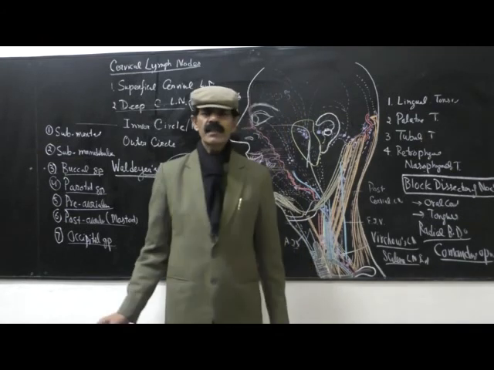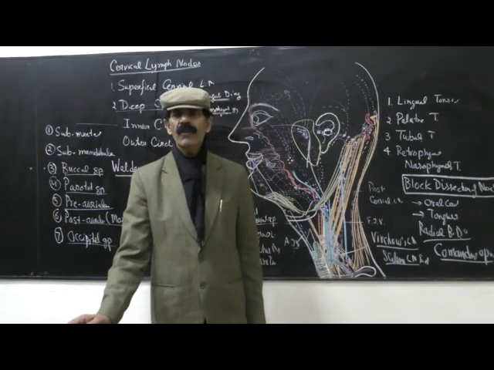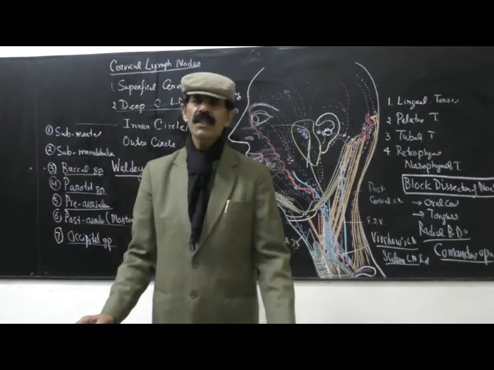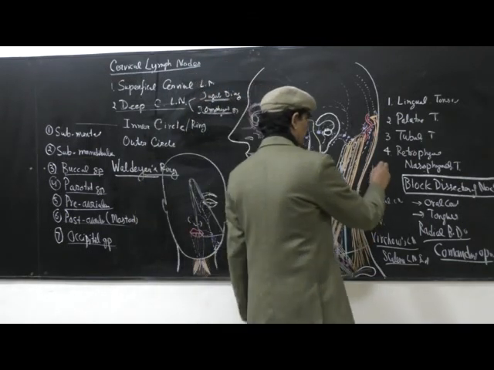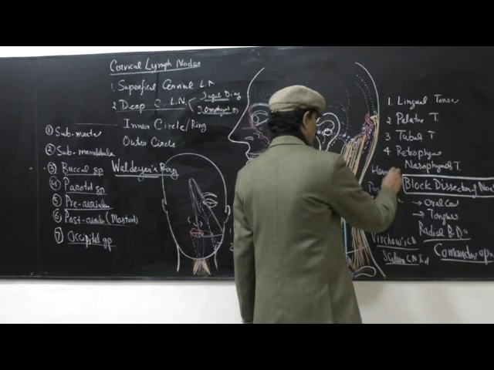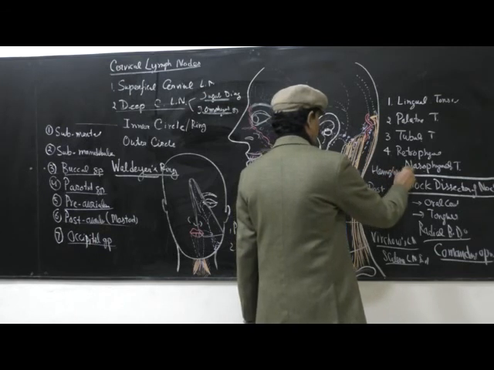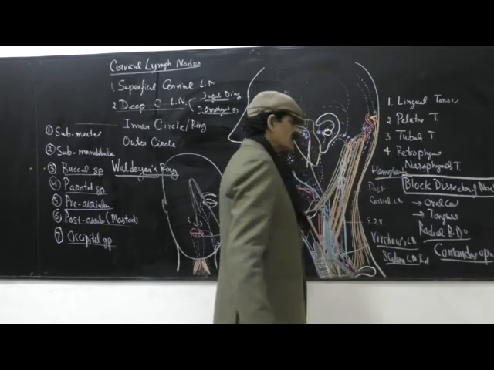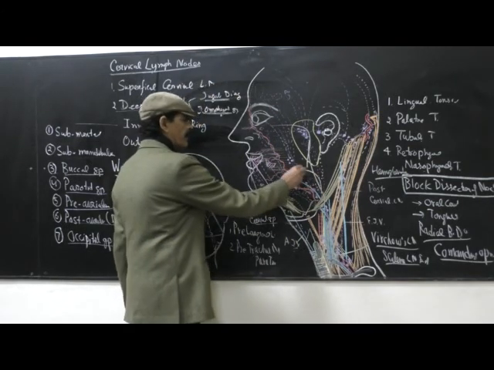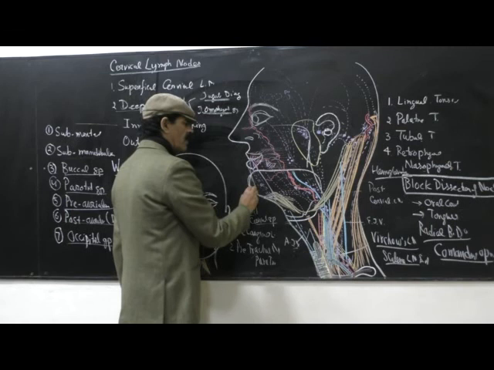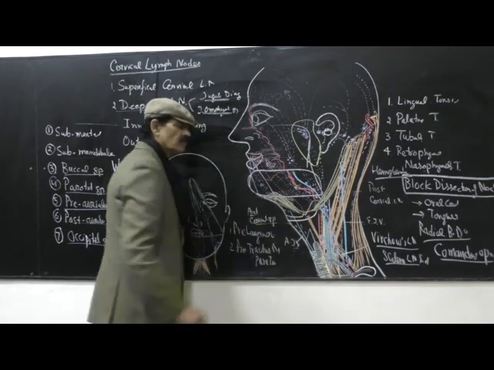Especially in the case of CA tongue, we remove half of the tongue, that is the hemiglossectomy. Plus in the commando operation, we also remove the mandible of the affected side. Half of the mandible is also removed.